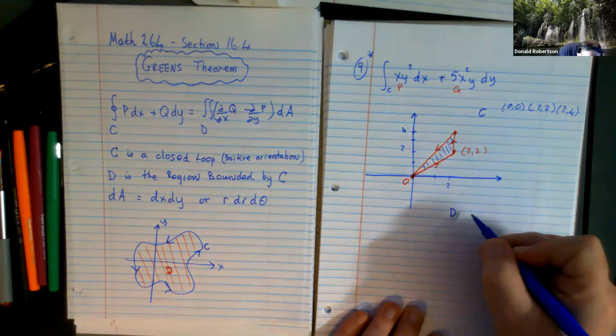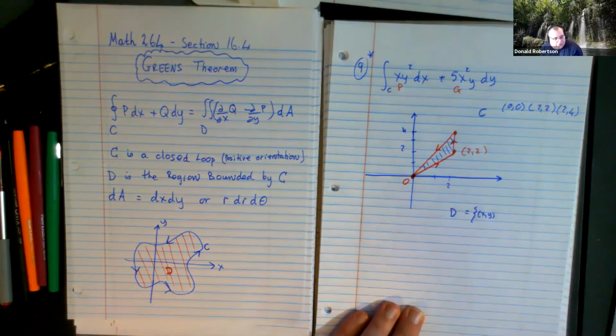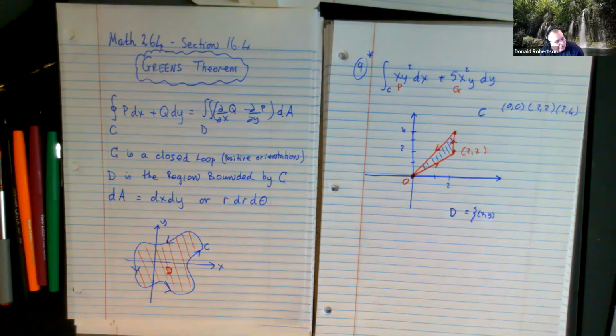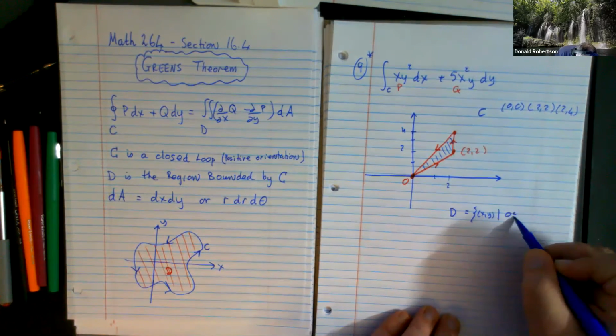Now, I'm going to describe D in terms of the range of values of X and the range of values of Y. The orientation of this triangle makes me see this. I'm going to do X goes from 0 to 2.